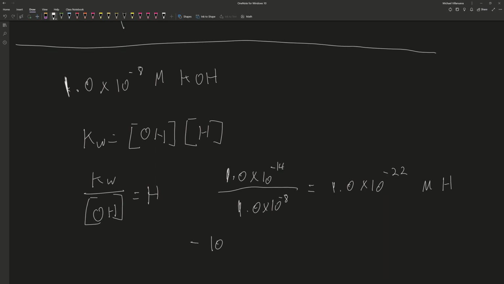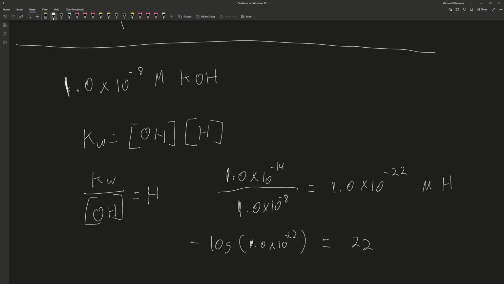And if I take the negative log of this value, we are going to get 2, which doesn't make sense.